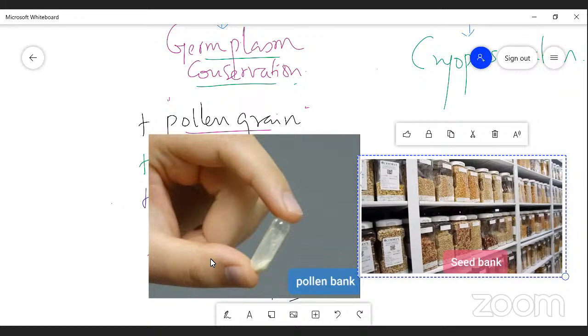So let us take only one example, that is paddy. There are a number of varieties in paddy, IR8, J30, so many categories are there, right?